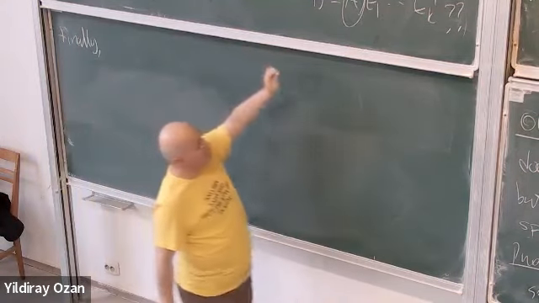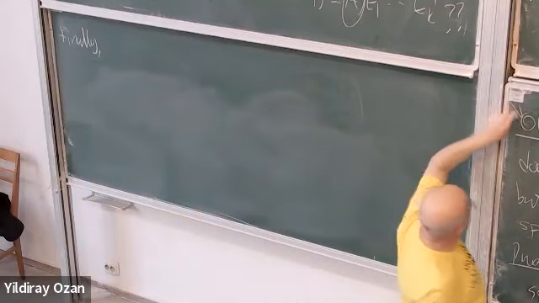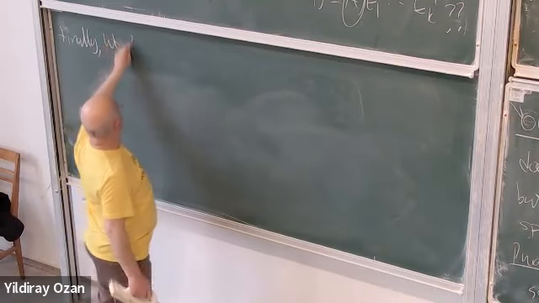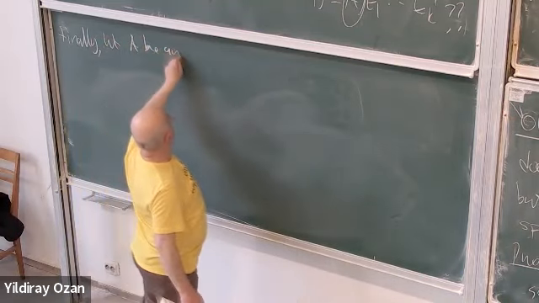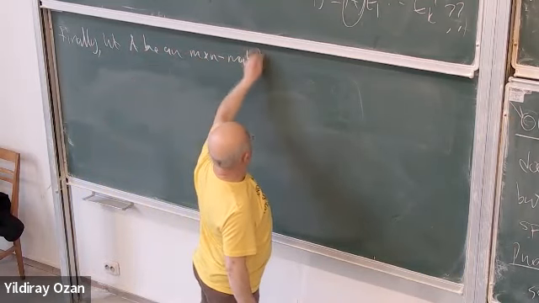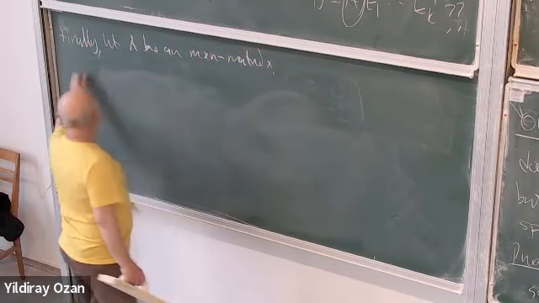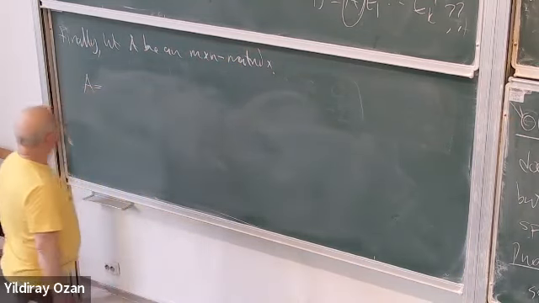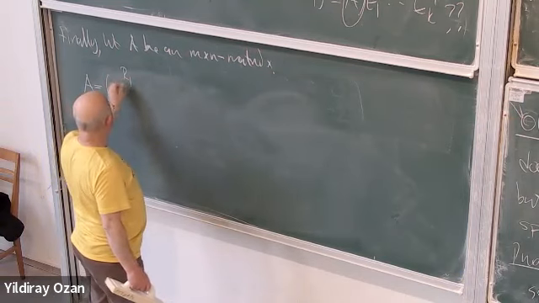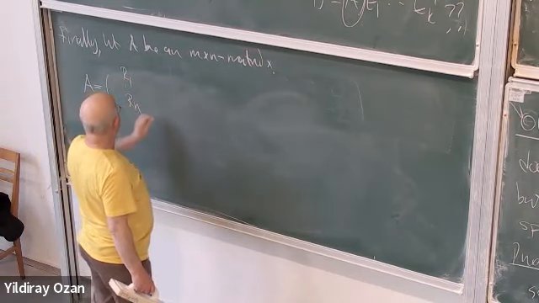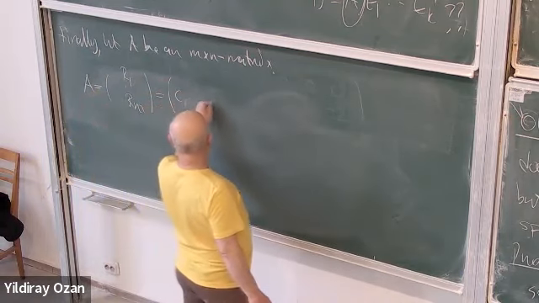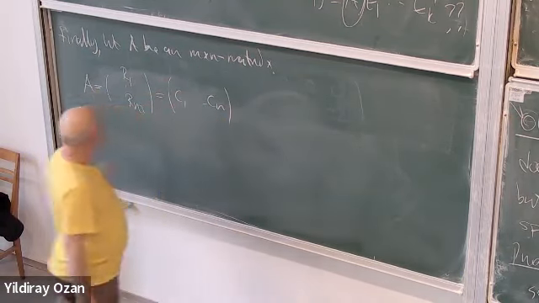Now, finally, suppose I have done this, I have proved this, okay? Finally, let A be an n by n matrix. You may think of it either as rows R1 to Rn, or as columns C1 to Cn, right?